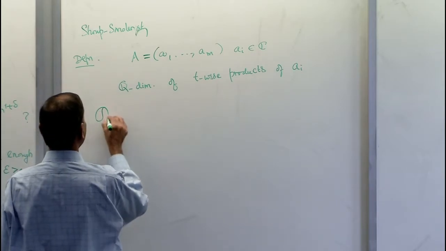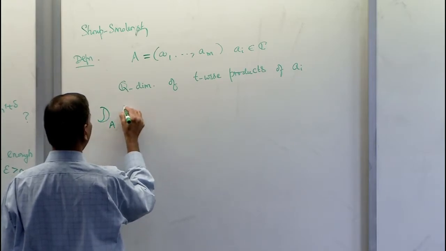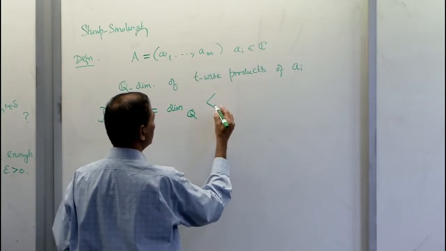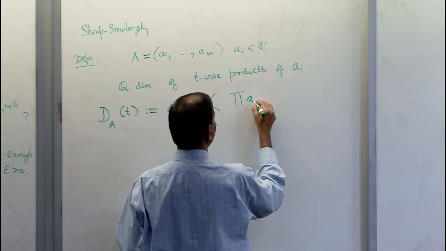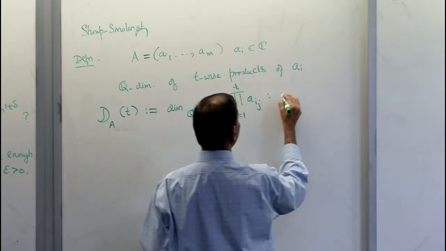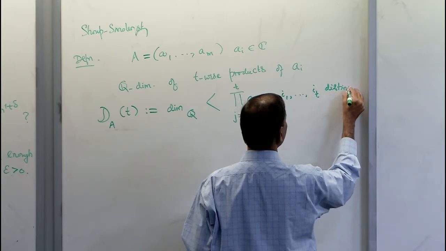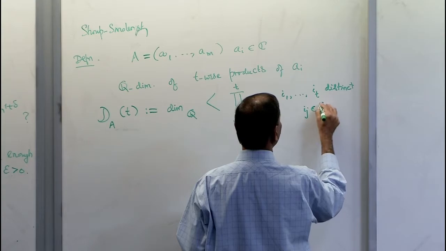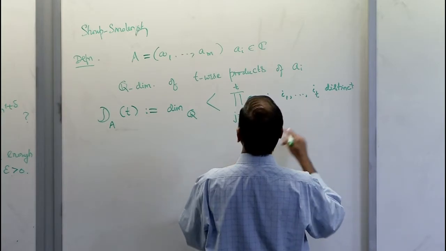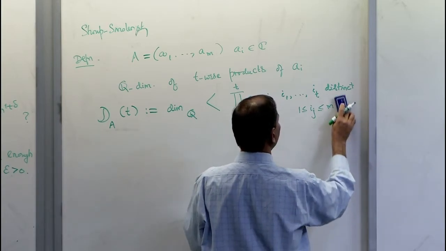So let's put a symbol there: D_A(t) is the dimension over the rationals, taken over the products of j equals 1 to t, distinct.